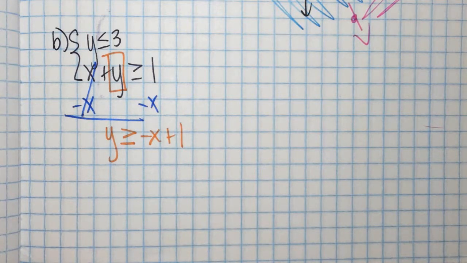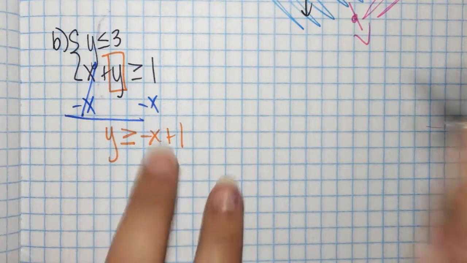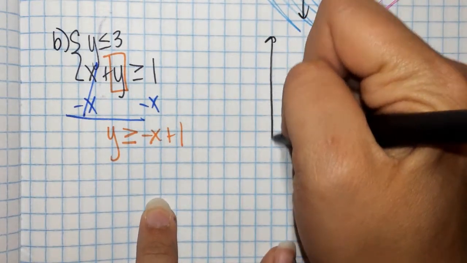And then I'm going to say, self, how do you graph that first line? You've done this before. Let's draw a coordinate plane.